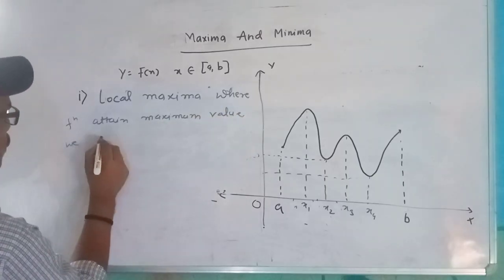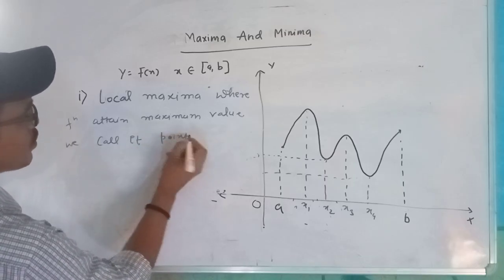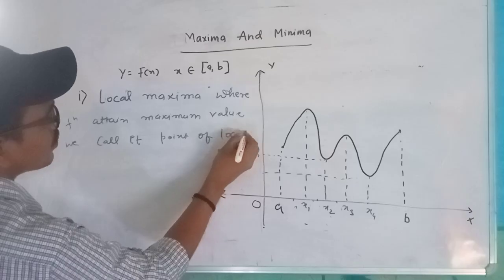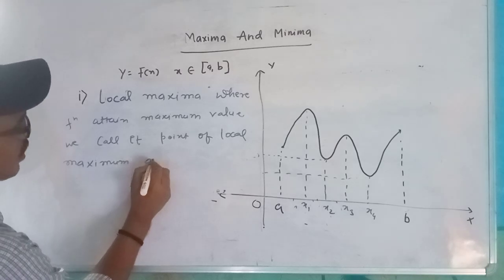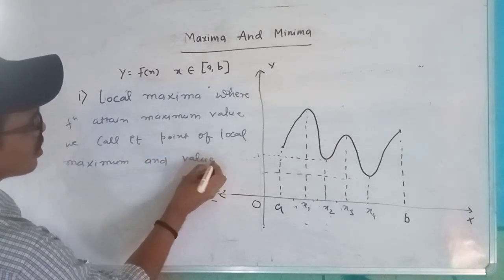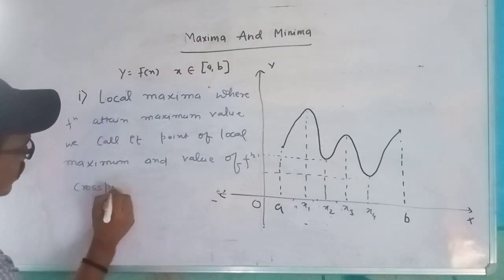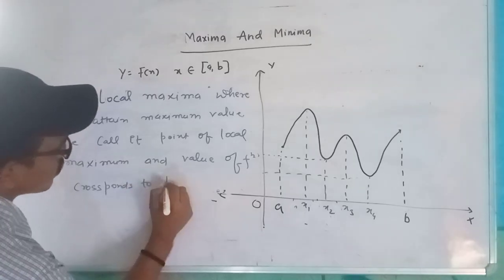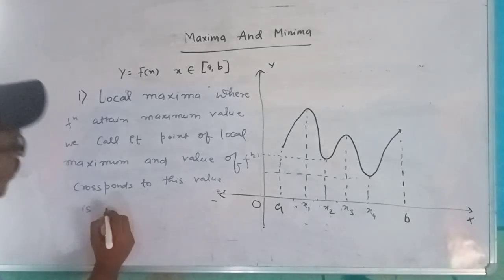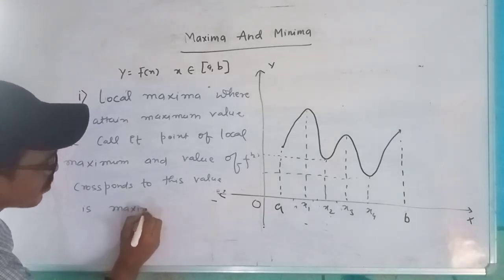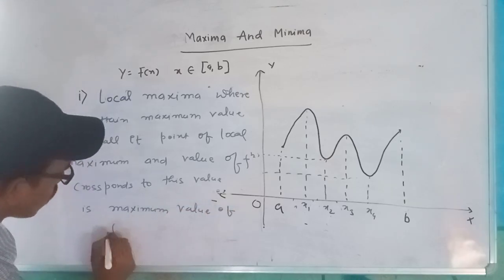We call it the point of local maximum, and the value of the function corresponding to this point is the maximum value of the function.